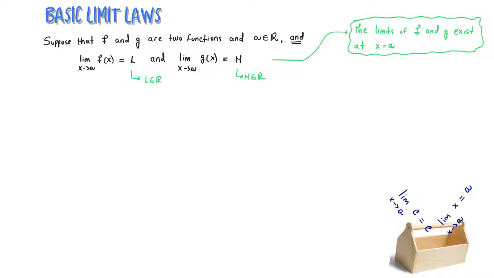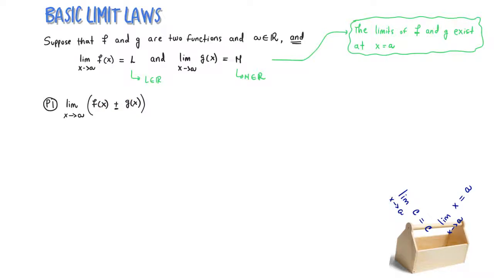So then, if we make those assumptions, property number 1 says that if we want to take the limit as x approaches a of f of x plus g of x, in fact, I will also combine subtraction, so f of x plus g of x or f of x minus g of x. So essentially, we are creating a new function that consists of the sum or the difference of f and g.